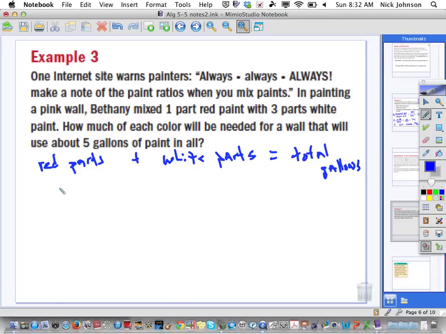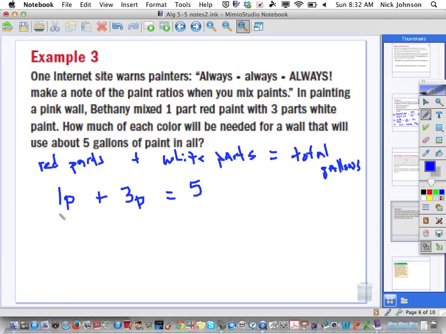Well, there's 1 red part. How many white parts are there? There are 3 white parts. Notice I'm still just calling them parts. We don't label them as red parts, white parts. We're just labeling them as parts. And set equal to the total number of gallons, which is 5.